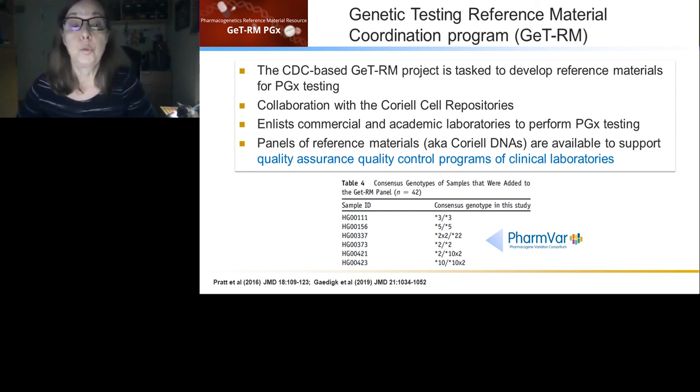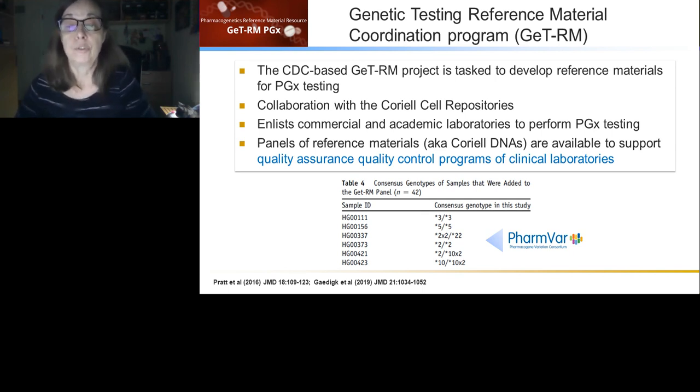They had two landmark papers before, and then a third paper was published last fall on CYP2D6, where 42 new samples have been added to the list, many of those containing rare alleles and unusual genotypes. This is what you can see here in table 4.